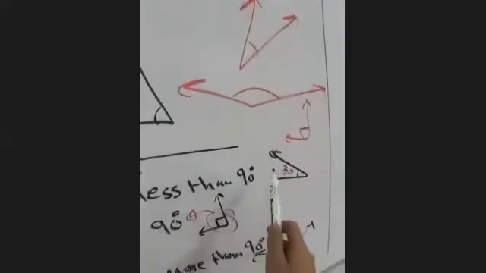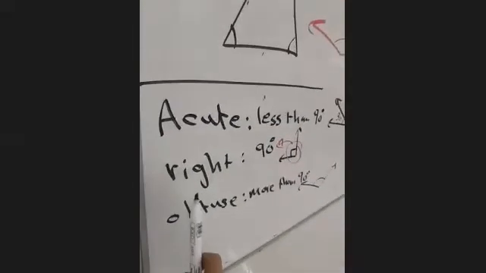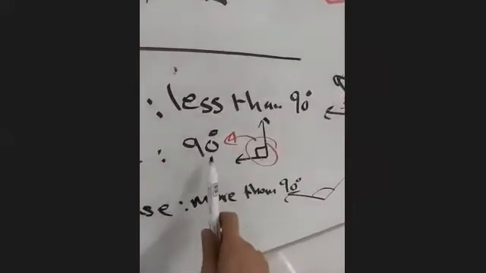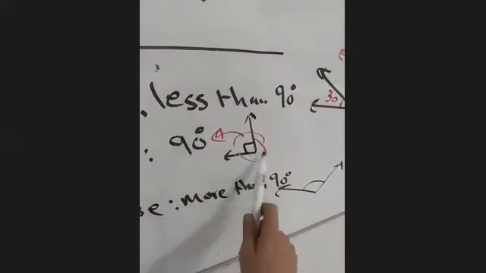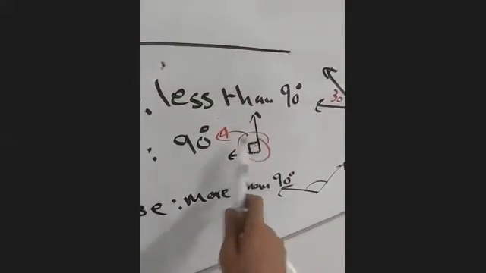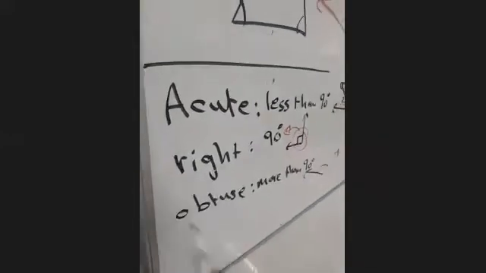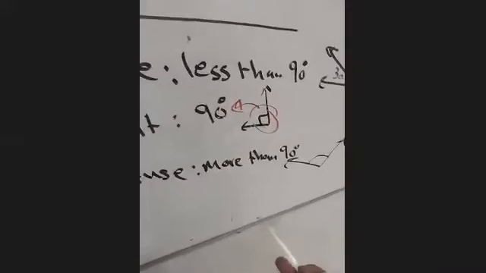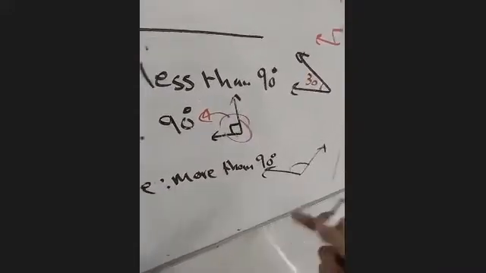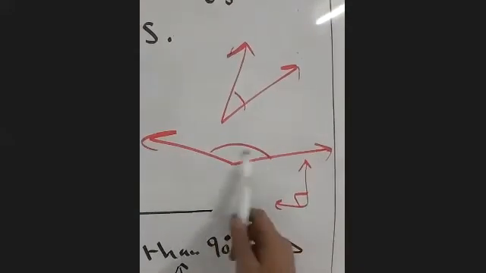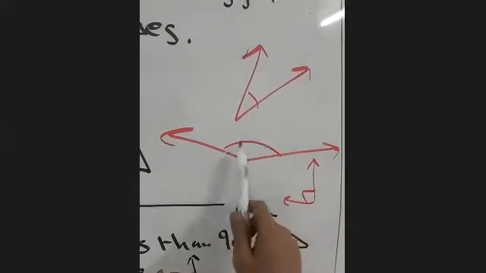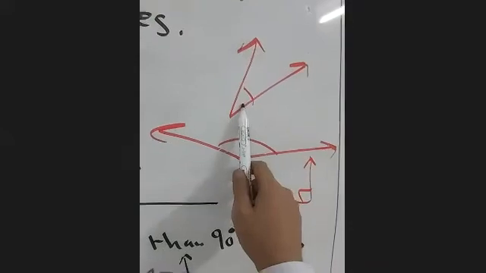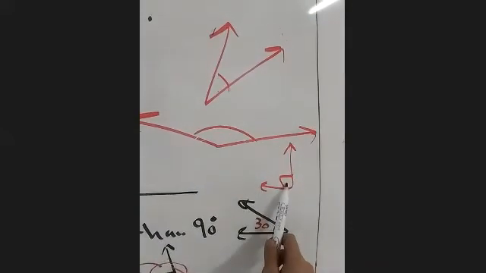The right angle always has a measure of 90 degrees, and it has this small square to show that this angle is 90 degrees, and we call it right angle. The obtuse angle is the big angle, which has a measure greater than 90 and less than 180, like this one. This one, we call it obtuse. This one, we call it acute. This one, we call it right.